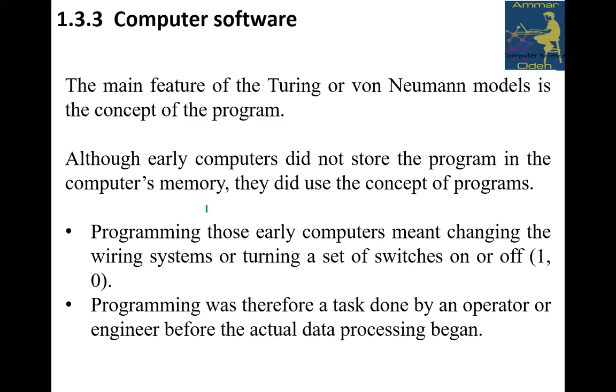The last one is the software, and the software nowadays is more advanced than the previous one, but all the software is gonna deal with the 0, 1, okay, 1 for on and 0 for off, and the programming was therefore a task done by an operator or engineer before the actual data processing begins.